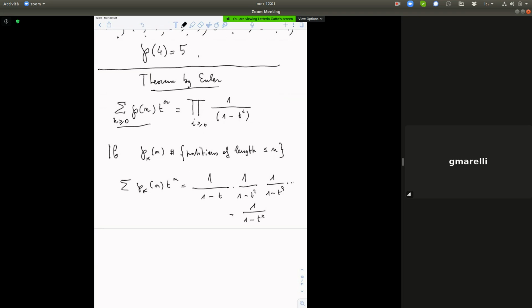This formula says that if I want to know how many partitions of length at most k of the integer n, just compute the second member, choose the nth power of t and look at the coefficient. That's just this. The coefficient is the answer.